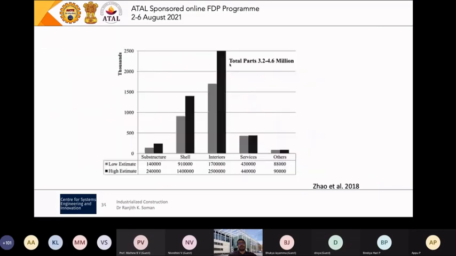What was understood was that there were around 3.2 to 4.6 million parts, with high and low estimates like this in interior services, etc. But still, that's dependent. So we do not have a clear idea of a part.